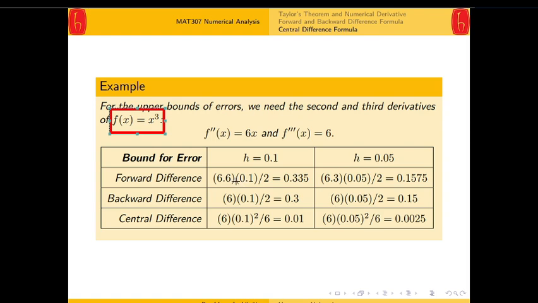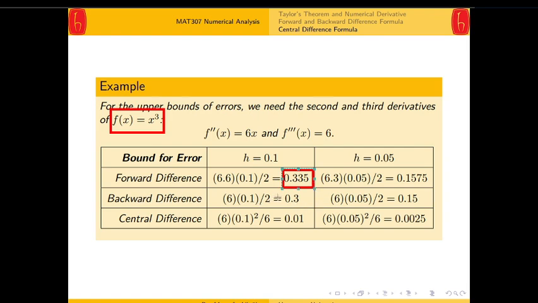M is the maximum value of the second derivative in the interval 1 to 1.1. We can observe that the maximum value of the second derivative will be attained at x equals 1.1. If we substitute 1.1 here, this will be 6.6, and 6.6 times h divided by 2 will give us an upper bound for the error.